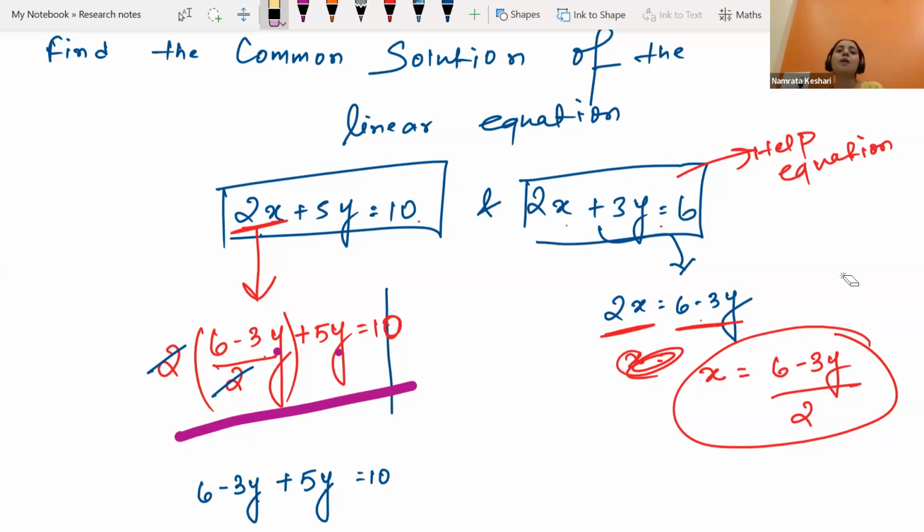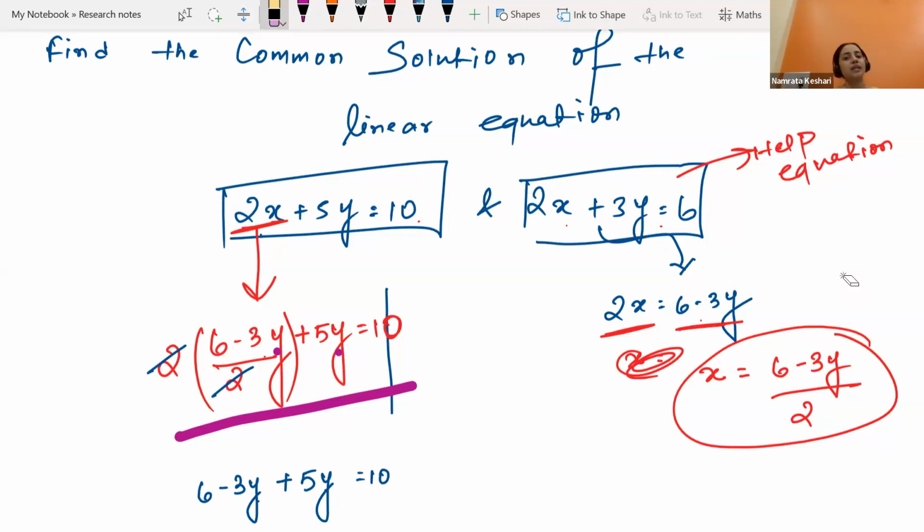Guessing may work, may not work. Here maybe guessing would have worked, but every time guessing will not work. So there is a process: you take out the x or y value from any one of the equations, either the second one or the first one, and substitute it in the other equation.